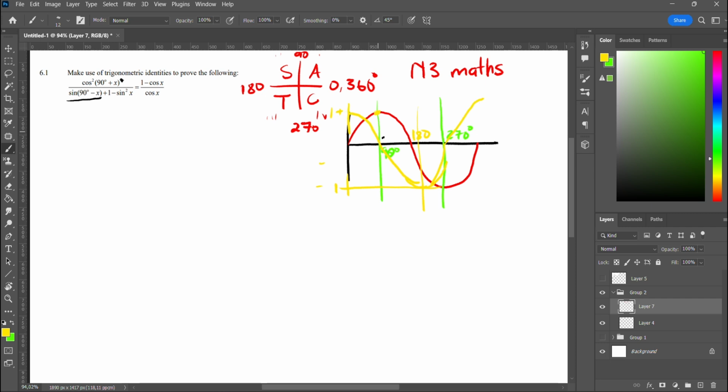So if you see the way this yellow graph is, it's resembling a cosine graph. The red is resembling a sine graph.